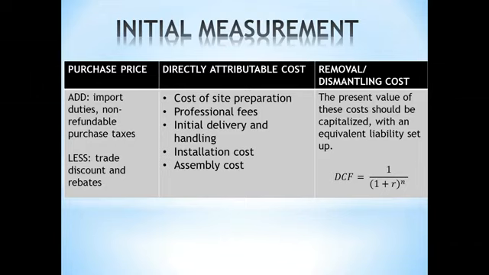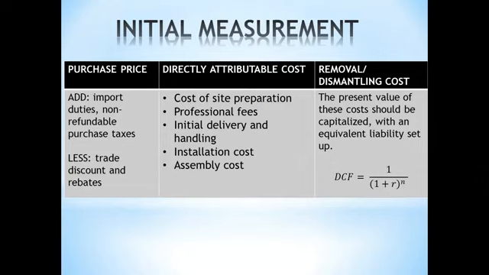Non-refundable purchase taxes are taxes you have paid that you're not going to get back, basically. So we have to add them together. I also have to deduct trade discounts and rebates. Rebates here are also forms of deductions that we get when we acquire an item. So here we add the import duty and the non-refundable purchase taxes, and then we deduct trade discounts and rebates.